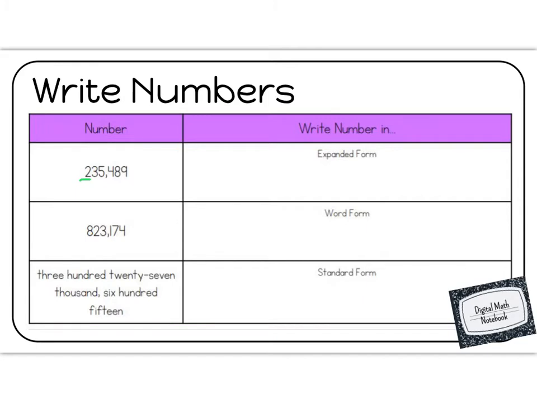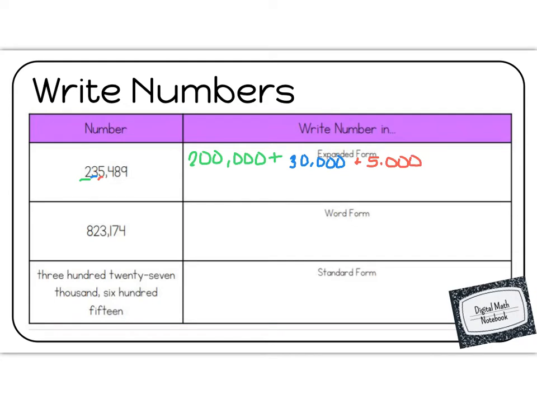Expanded form means we're going to take each number and say the place value that it is in. So that 2 is in the 200,000s place. Then we're going to add it to the next place value. The next place value is a 3, and the 3 is in the 10,000s place. So that would be 30,000. And the next one is a 5, and the 5 is in the 5,000s place.